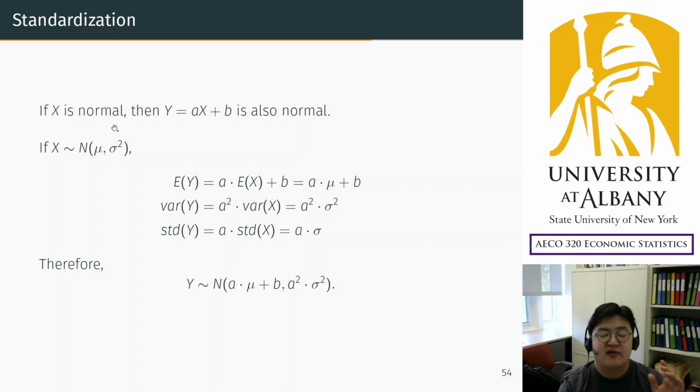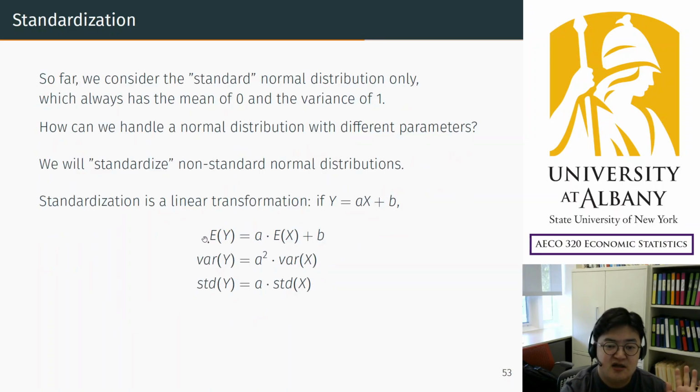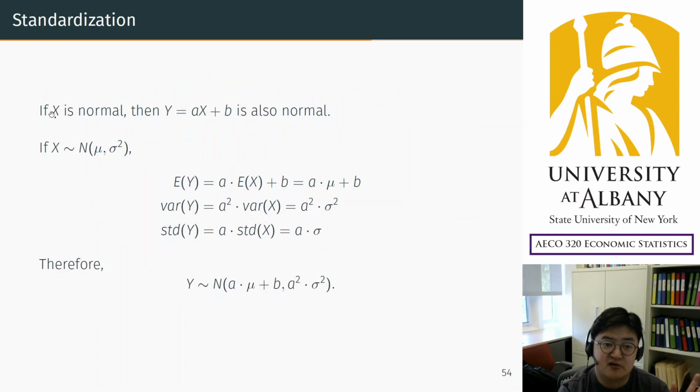So we are going to use these results that we learned earlier, and a new result: the normal distribution preserves linearity under linear transformation. Combining those, what we have is, assume that the original distribution x is a normal distribution, but it does not need to be a standard normal distribution.